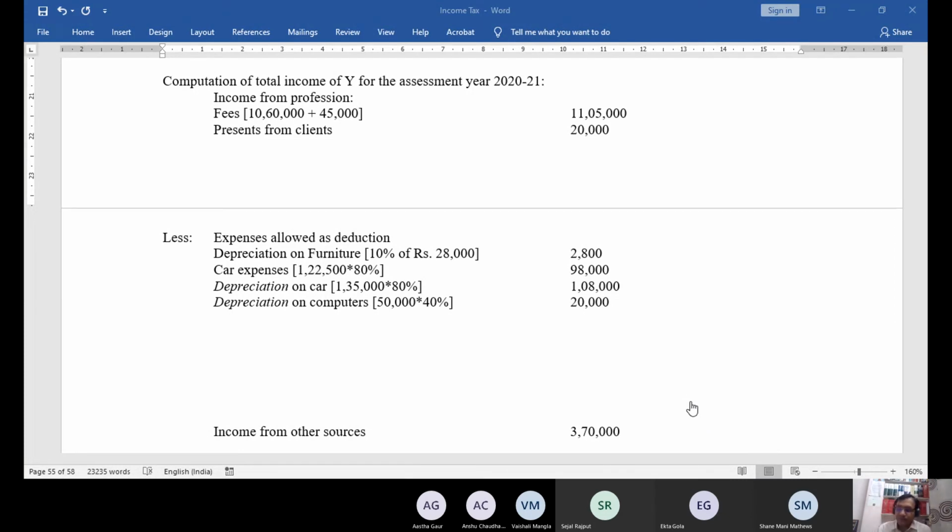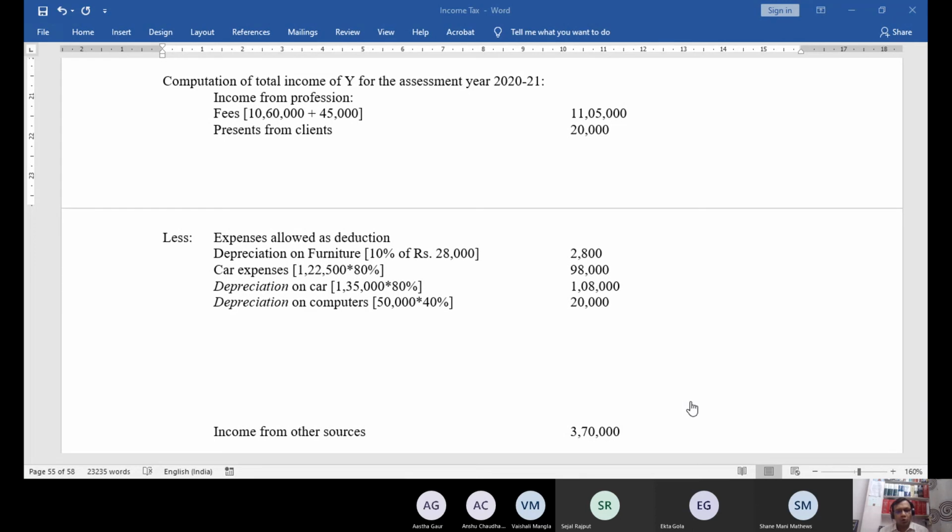Next item, loan from PPF. Next page, next item, debit side, loan from PPF. From my provident fund, I have taken a loan. Can you tell me logically what should be the treatment? Is it your income? Loan from your own PPF account, is it your income? In cash account, it is shown on the debit side, but right now I am computing income.